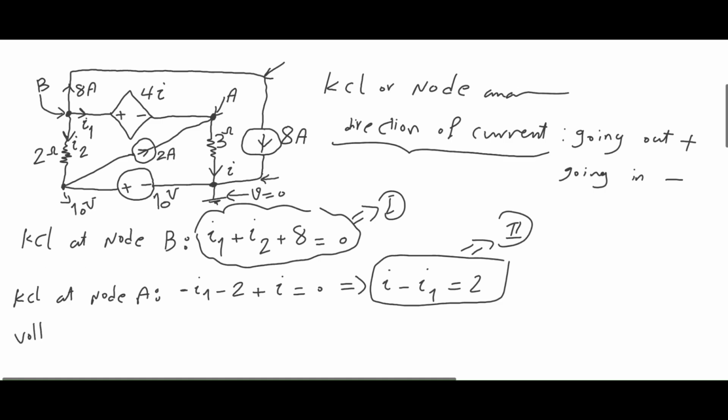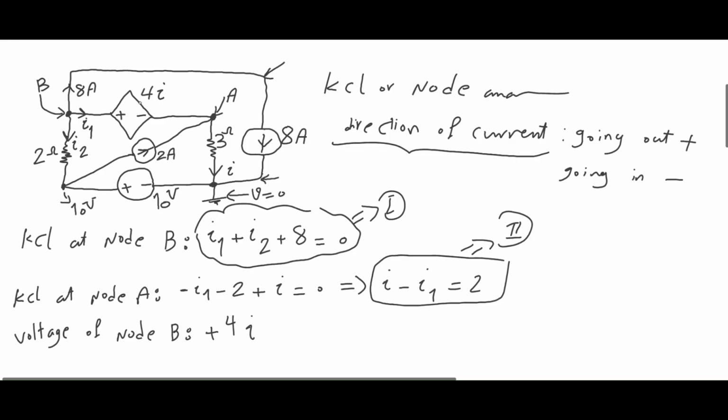The voltage of node B. If you follow the path, the voltage of node B is positive 4I.